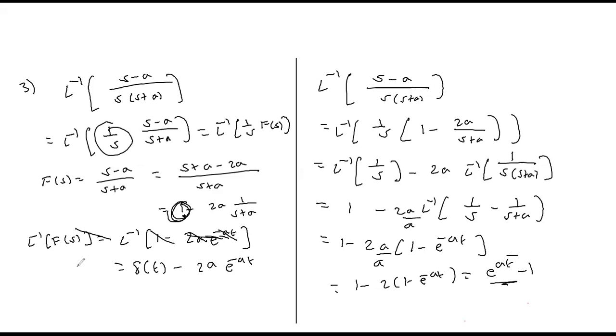This is f of t. So if you want to apply the division by S property, L inverse of f of S by S would be the integral from 0 to t of delta of x minus 2A times e power minus A x, and we don't know yet about the Dirac delta function, right? Is that okay?